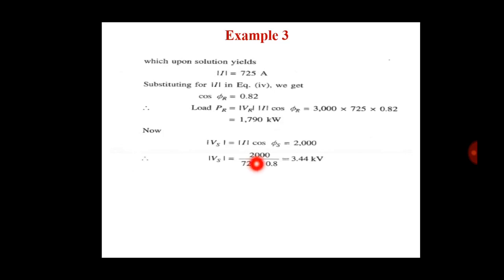So Vs is equal to 2000 divided by 725 into 0.8, which is equal to 3.44 kilovolt. That is the actual value of Vs.